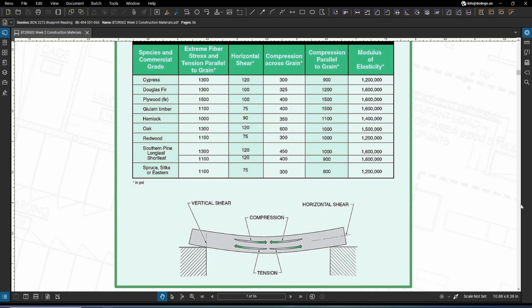One factor that must be considered also when specifying wood species is the maximum allowable unit stresses of the wood member. Now, the table identifies the maximum allowable unit stresses in pounds per square inch, or PSI for short, for common wood species, plywood, and glue laminate, or glulam for short, timber used in construction.